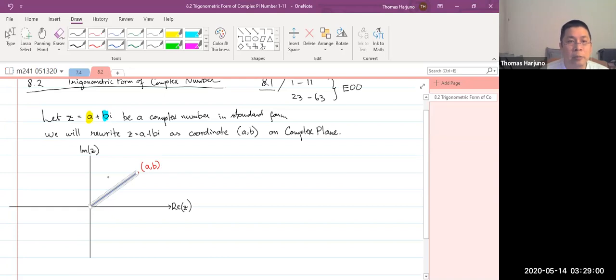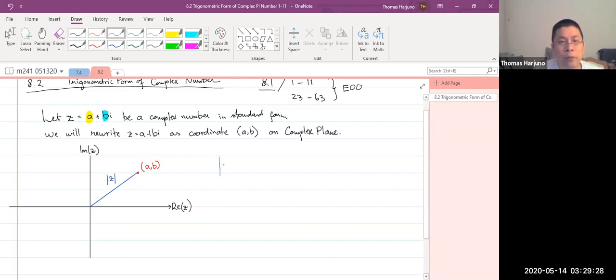That line, the blue line there, will be expressed as the magnitude of z, the amplitude. Sometimes we also call that the radius or the absolute value. Okay, so let me write it this way.